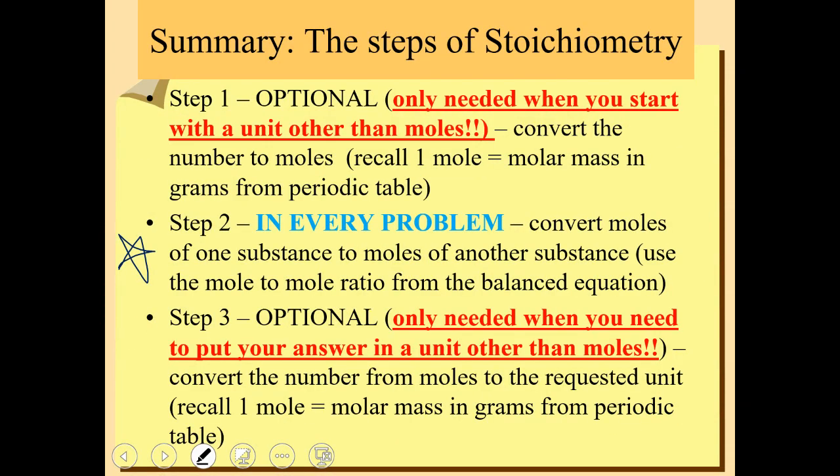So step 1 is optional. You only need it when you start with a unit other than moles. Like if you start with grams, convert the number to moles using that 1 mole is the molar mass. You use the periodic table to find the molar mass.